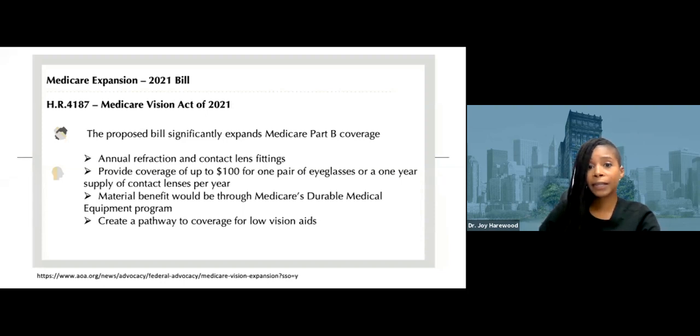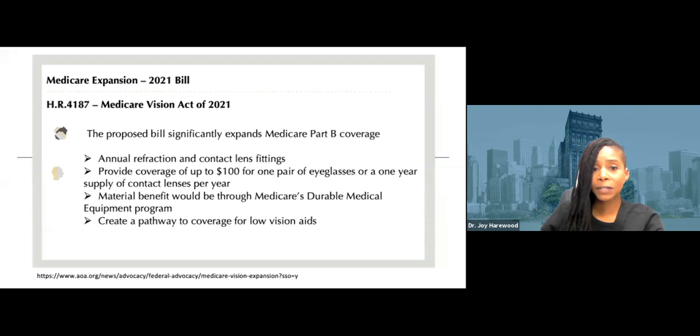And one big thing, it would actually provide coverage for materials, so up to $100 for one pair of glasses or for one year of a supply of contact lenses. That materials benefit would be through Medicare's Durable Medical Equipment Program, which would help reduce the likelihood of predatory insurance or predatory programs that would provide inadequate materials.